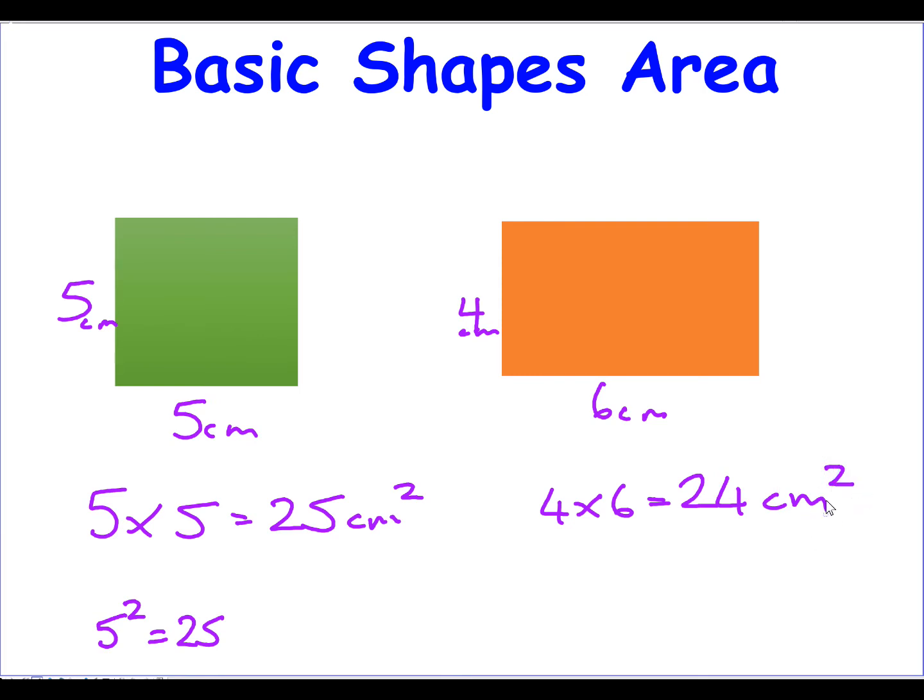So notice I'm putting the little 2, the square symbol, next to the units. If you put it next to the number, that means something totally different in maths, like this. So notice it's the units that show the square to show we're talking about areas. So 25 centimetres squared shows me I'm talking about an area. 24 centimetres squared show me I'm talking about area.